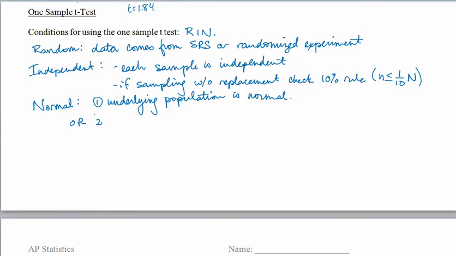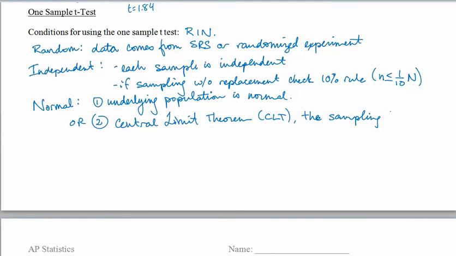Or the central limit theorem applies, that's CLT, and then the sampling distribution is approximately normal if n is greater than or equal to 30.